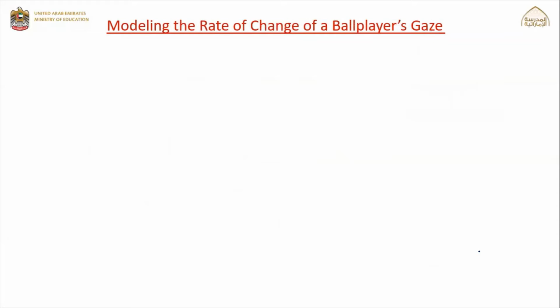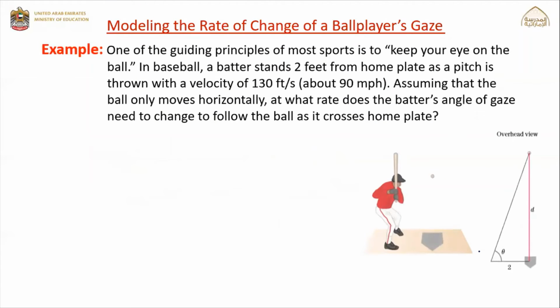Now we will go to another example, modeling the rate of change of a ball player's gaze. One of the guiding principles of most sports is to keep your eye on the ball. In baseball, a batter stands 2 feet from home plate. This is the home plate here in the picture, and this is the batter.